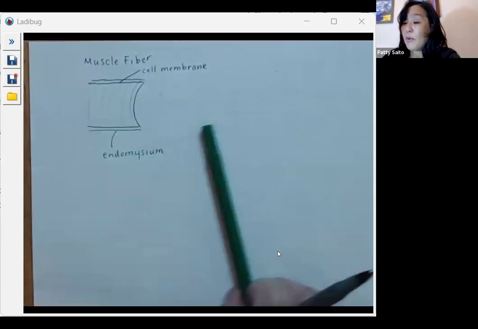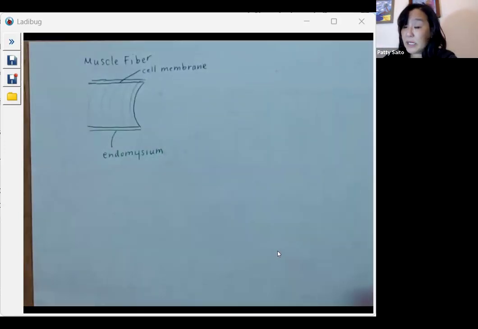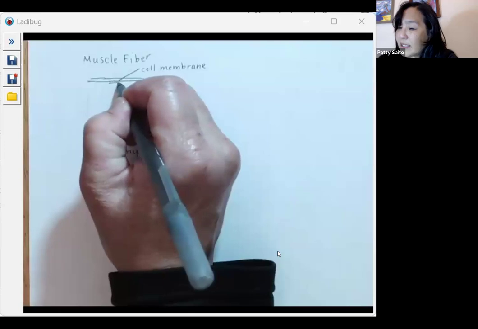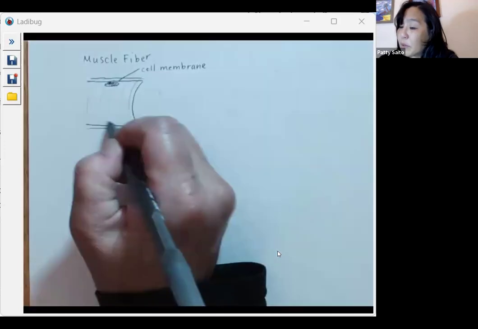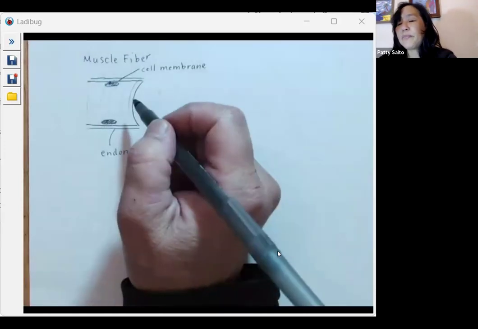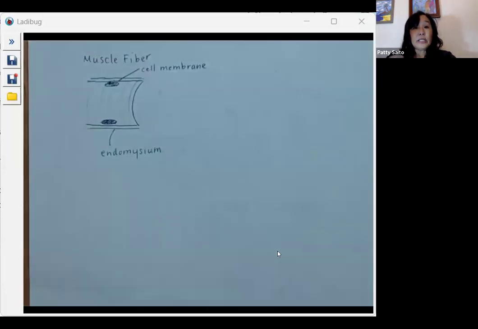Now, remember in our description of skeletal muscle, I mentioned that it's multinucleate. So within the cell, instead of one nucleus, we have multiple nuclei in it. And the reason being that during development, as your muscles are developing, as an embryo and as a fetus, we get these long fibers because myocytes, individual muscle cells, actually fuse together to form these long fibers.